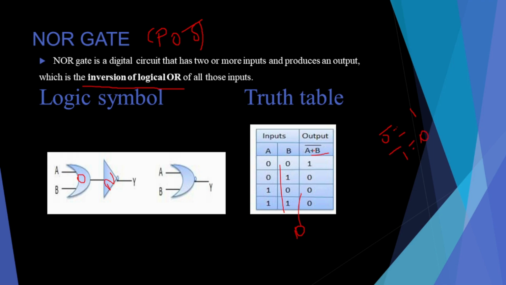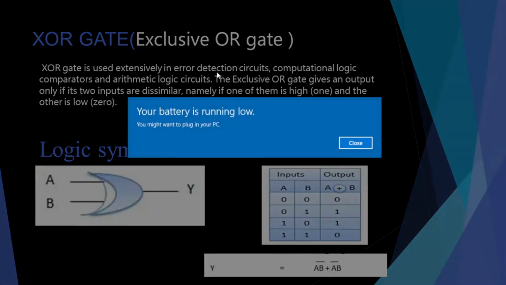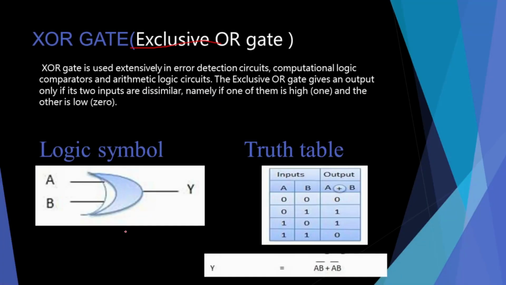And other than universal gate and basic gate, there are two more gates in the digital circuit used to construct half adder, full adder, comparator, and so on. So XOR gate is also known as exclusive OR gate. This is the logical symbol of XOR gate.